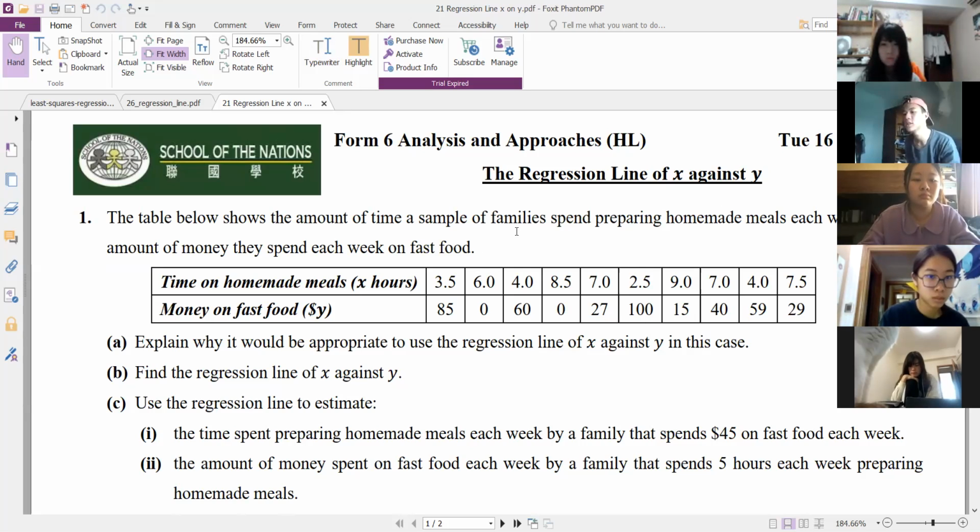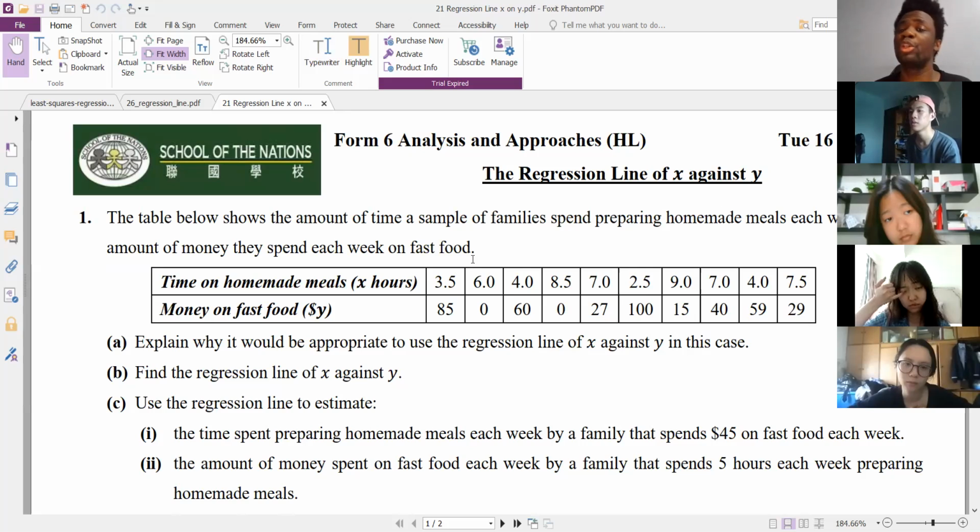Is it because for time on homemade meals, you may not always be recording the time, so it's going to be an approximation? Okay. What you need to do is focus on the precise one first. Oh, okay. For money on fast food, you can always just look at receipts. Exactly. Money on fast food is more precise data than the time spent cooking, isn't it?